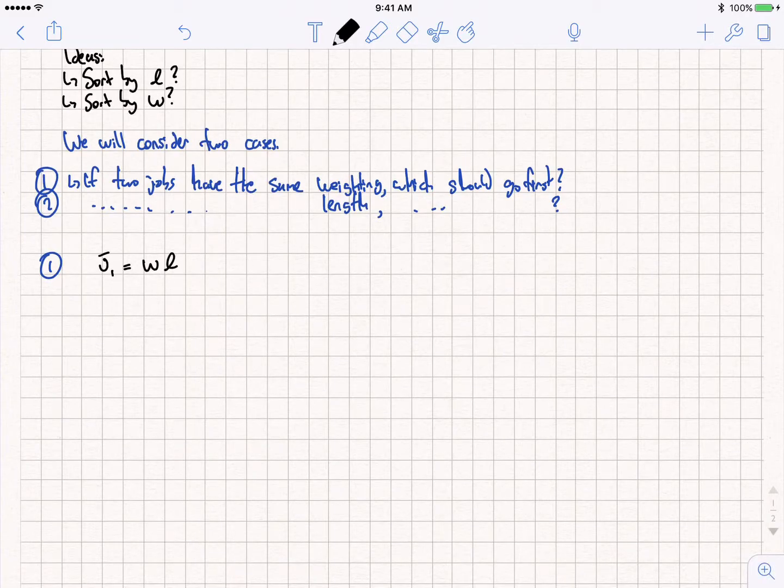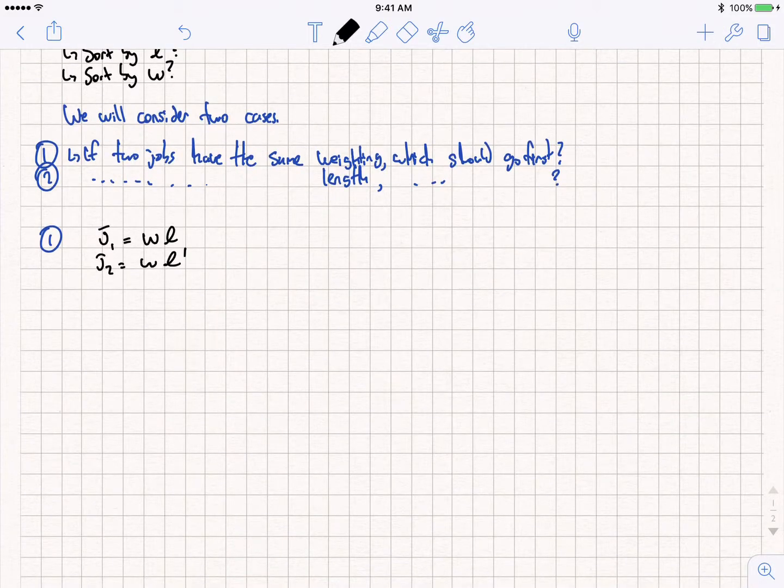So job 1 has length L and job 2 has length L prime. How do we decide which one goes first? We could have a job of length L followed by a job of length L prime, or a job of length L prime followed by a job of length L.